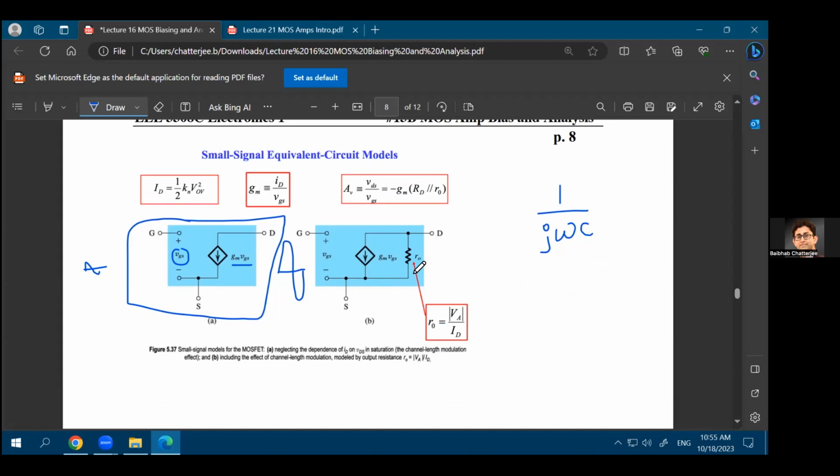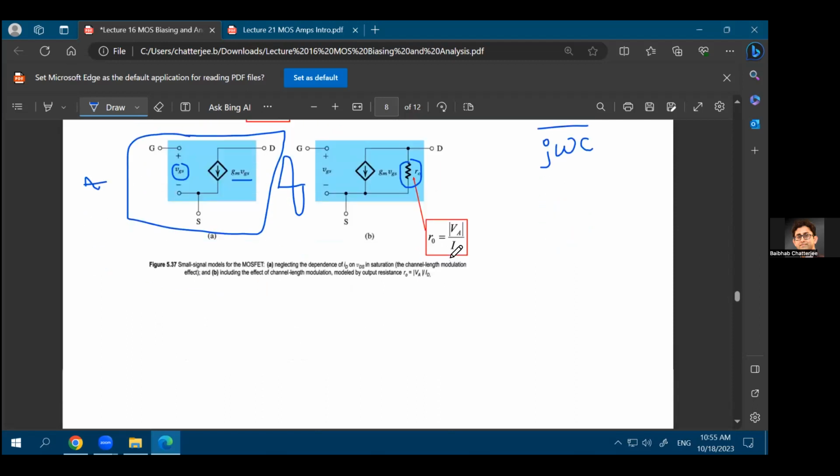So if you are designing circuits for very high frequencies, you cannot ignore the capacitances that are present at every node, and those will add more and more non-idealities. We'll not discuss those non-idealities right now, but it's good to keep in mind that there are more non-idealities than what we are showing right now. Right now, we are only showing that you have this RO as your non-ideality.